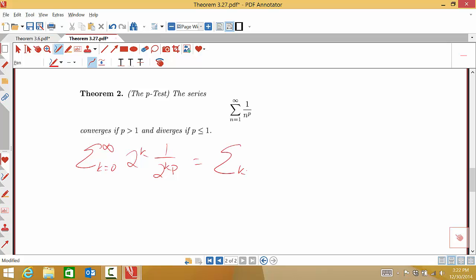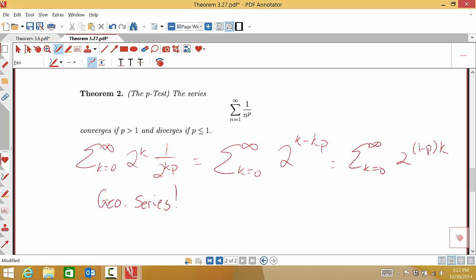We can combine these powers of 2. This is sum k equals 0 to infinity, I'll have 2 to the k minus k times p. So this is the sum k equals 0 to infinity, we'll have 2 to the 1 minus p times k. Now the beauty is this is a geometric series.